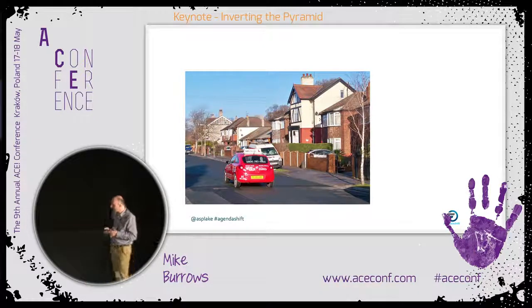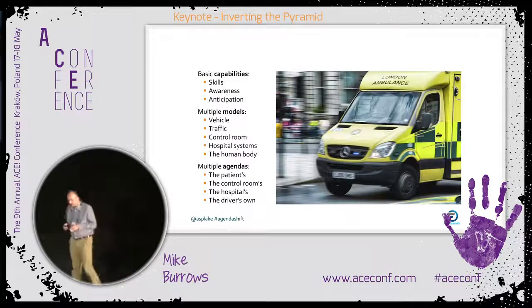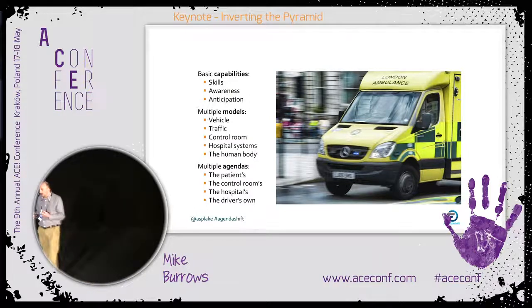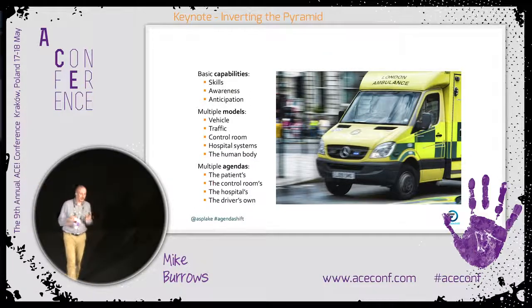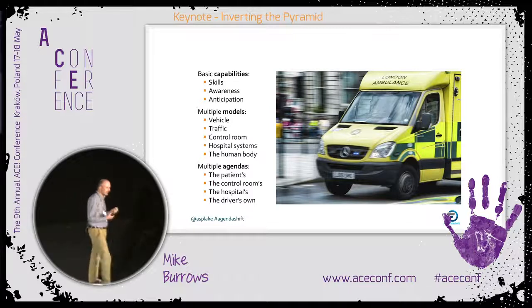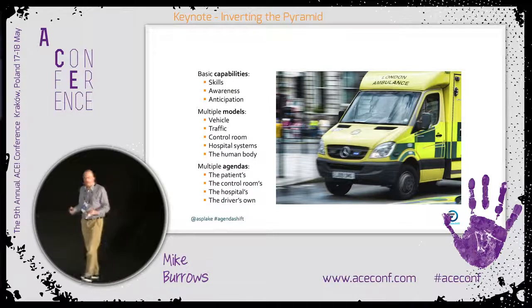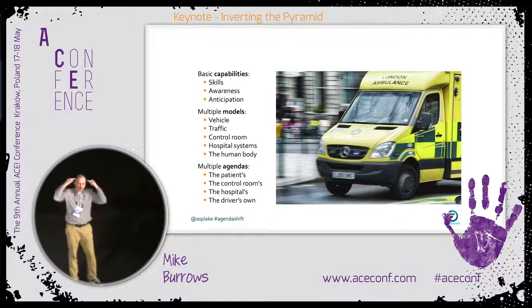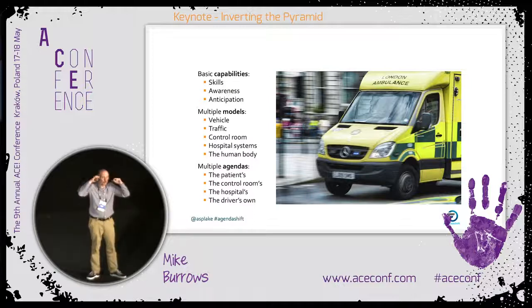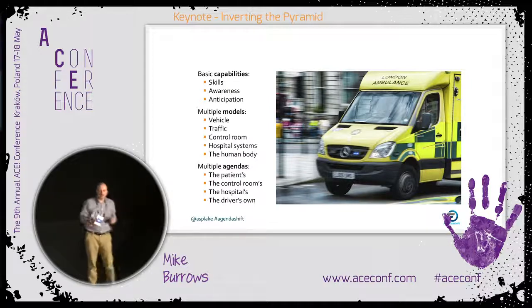Let's contrast that with the paramedic, the ambulance driver. And you might think it's just a question of skill. There's some basic capabilities, skills. Because they've got the skill, most of their driving is actually completely subconscious. That saves a lot more brain power for maintaining an awareness of what's going on around.